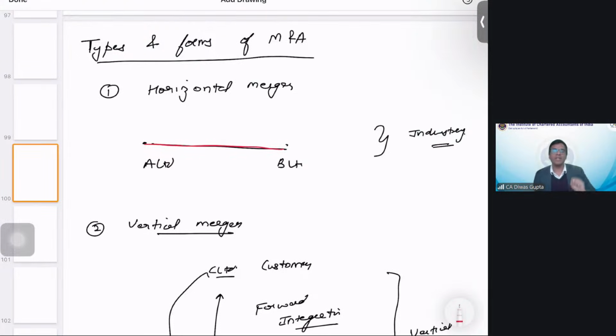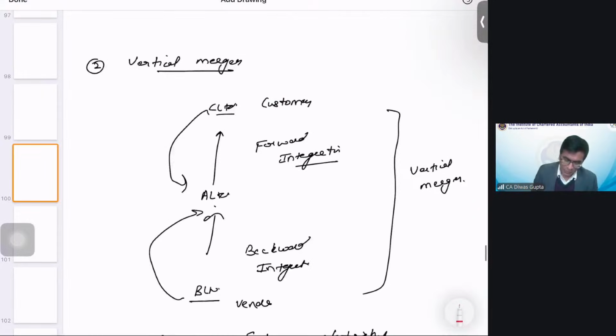So within one industry, if two different companies merge with each other, that is called a horizontal merger, because they are at the same level. Not financially, not profitability-wise, but from a working perspective, from a consumer perspective.